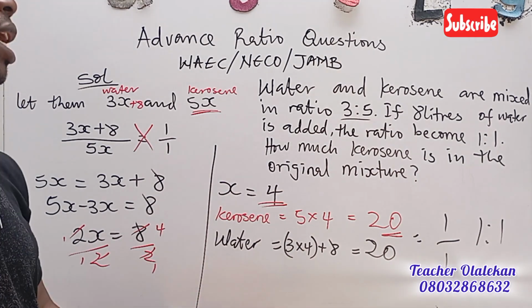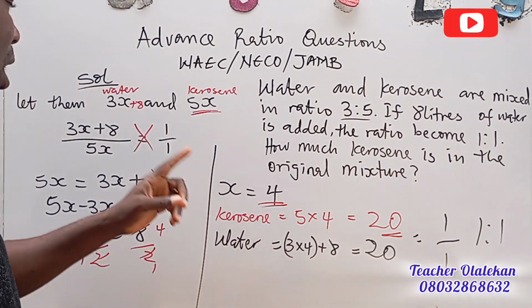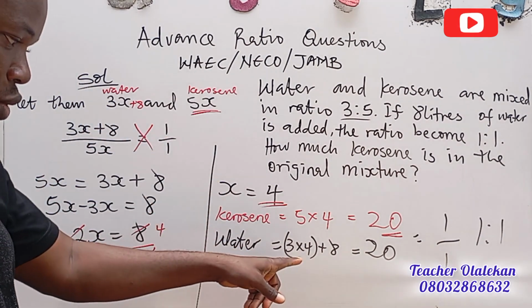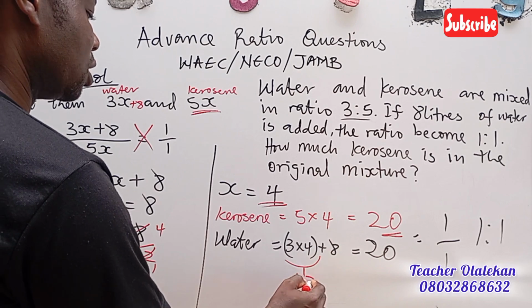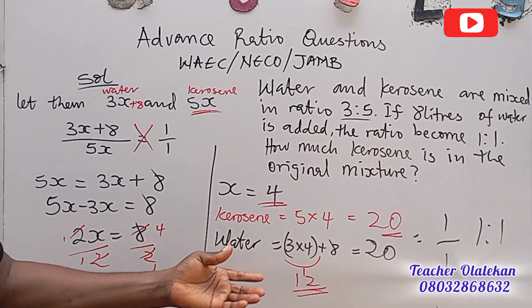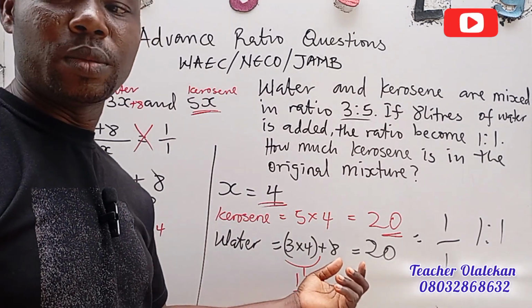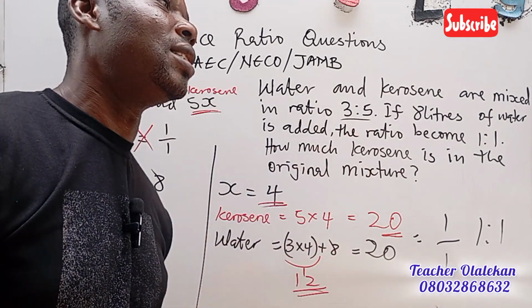The amount of water in the mixture, no, it wasn't 20, the amount of water in the previous mixture was 12, and it becomes 1:1 when 8 liters is added to it.